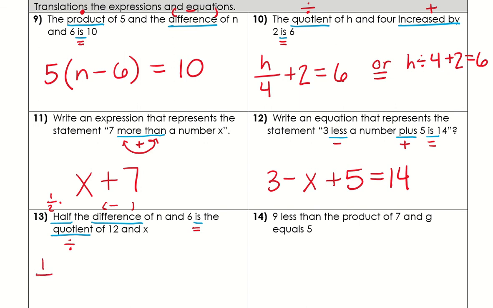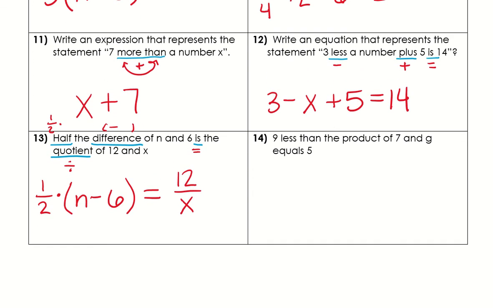So I have half, which is 1/2 times, so I could put a multiplication symbol there if I want to. The difference of n and 6 would be n minus 6. And now I have the is. And what follows the is, quotient, which means division. So I could have 12 over x. Or like we did in number 10, I could also write that as 12 divided by x.